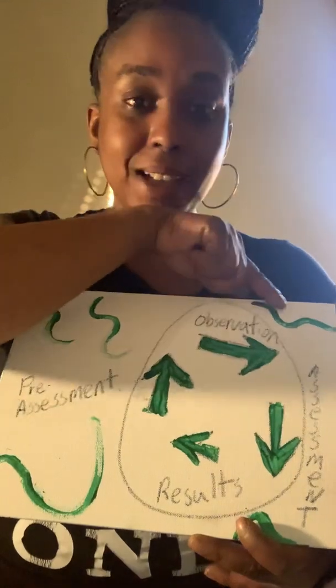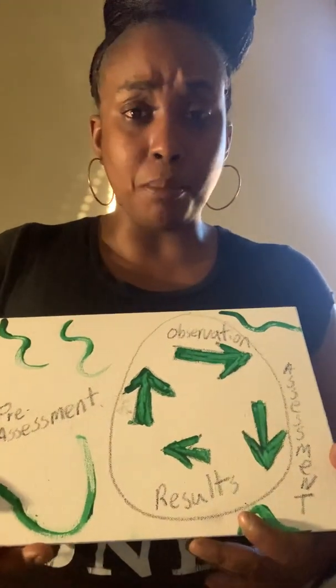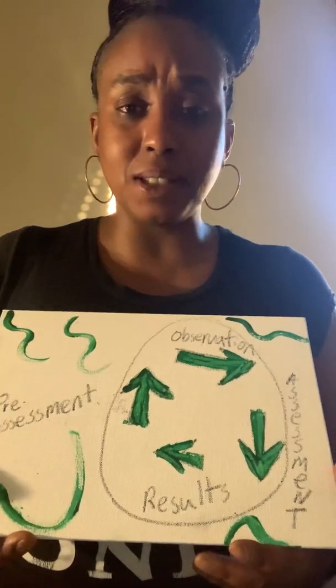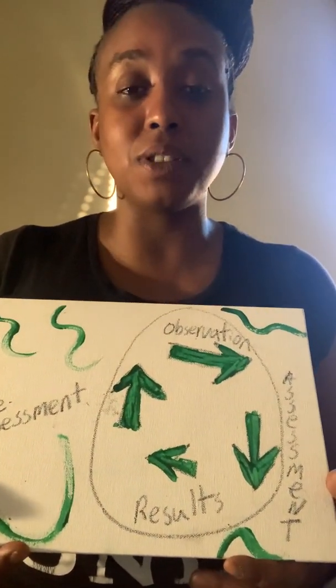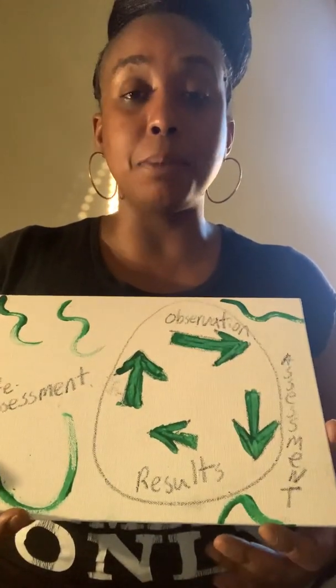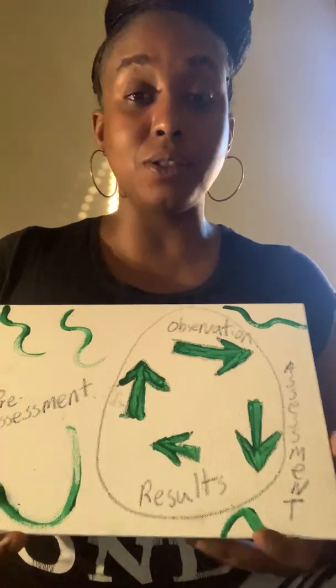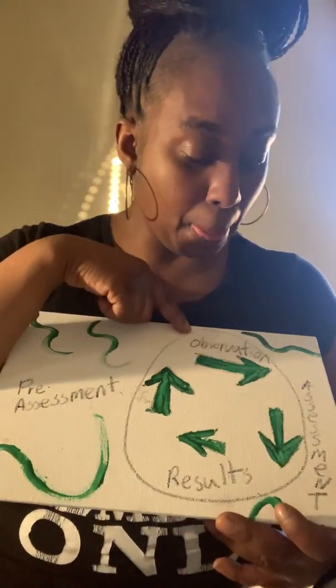I observe their activity. What are they doing? Possibly ask questions to find out what is on their mind. What are they thinking about as far as different topics? Especially when I observe through play in their centers. So the observation piece is definitely key.